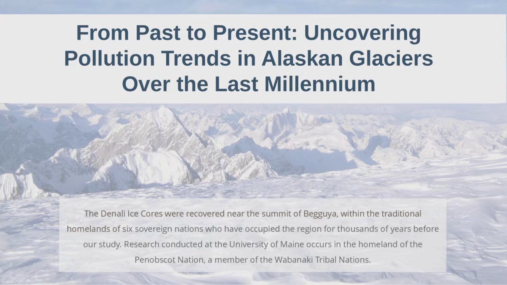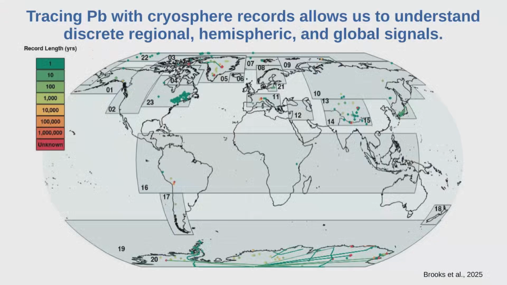So just to set the stage, the idea of measuring cryosphere, snow, and ice records to examine changes in lead is not new. In this map, each dot or line represents a sampling site where someone has run around the globe and collected snow and ice to measure its lead concentration and isotope ratios.